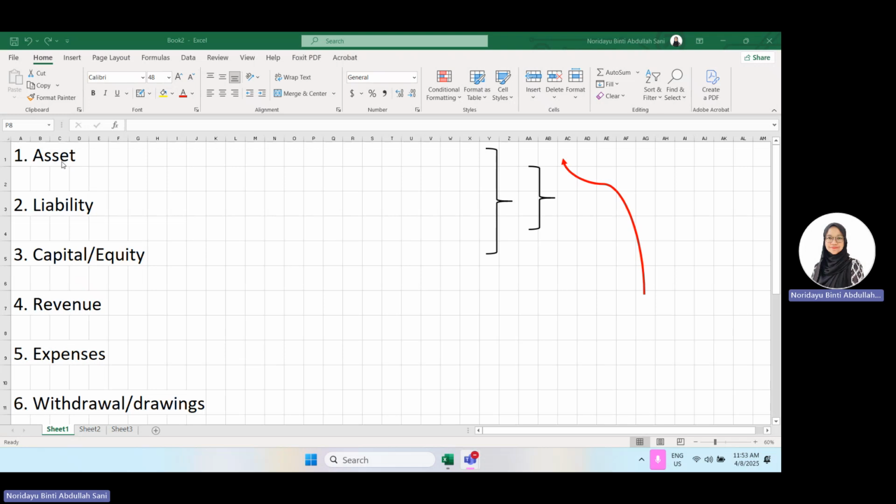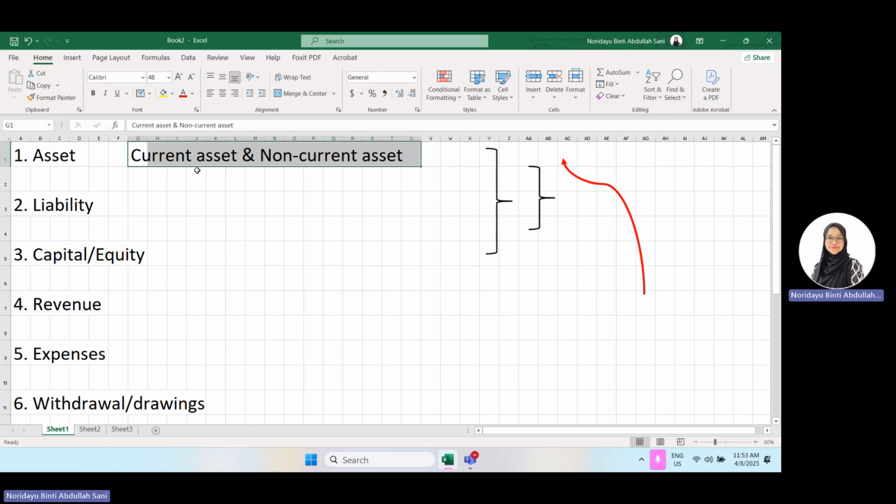Further, we will divide this asset into 2 types of asset, which are current asset and non-current asset.